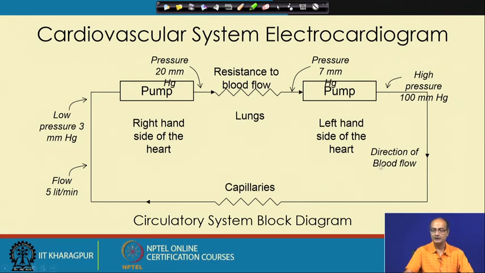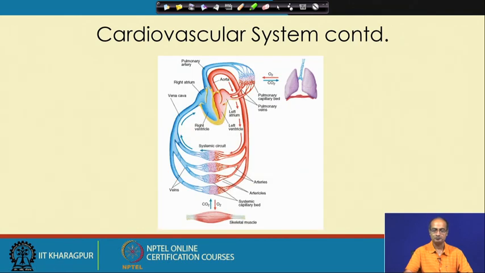But for the arteries, there is no such valve, because the pressure is much higher, it automatically gets transmitted. So, that is the difference between the arteries and veins. I think in the next picture we can see that in a better way.